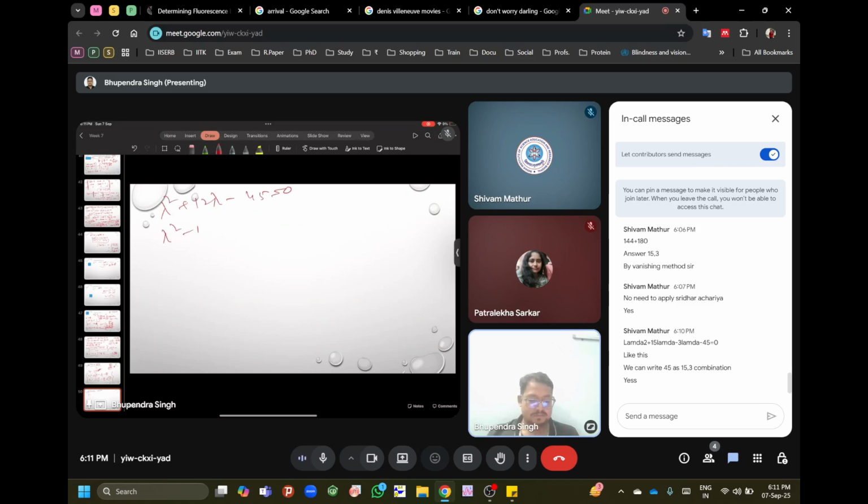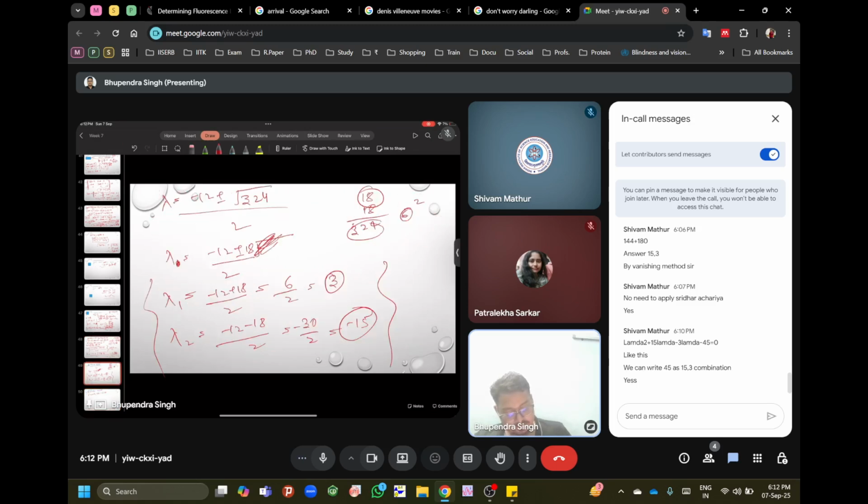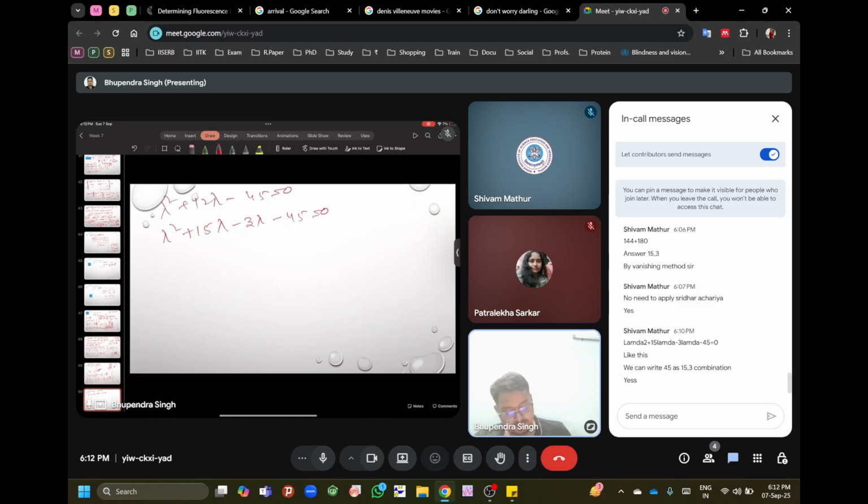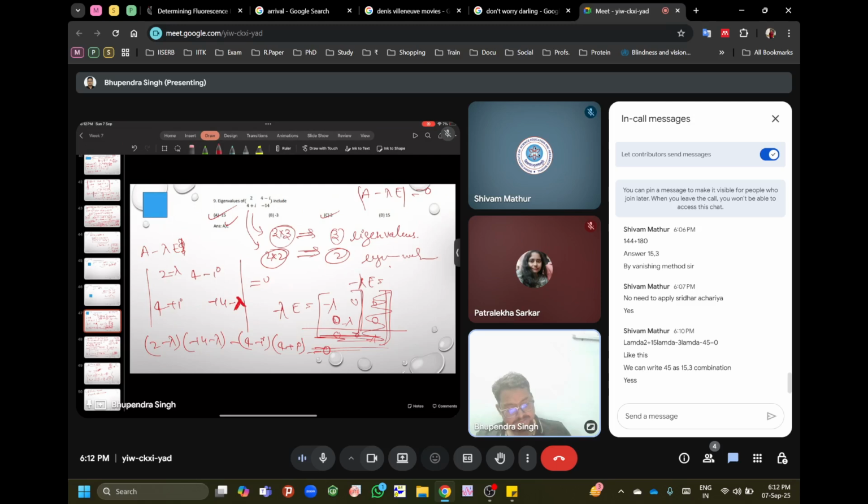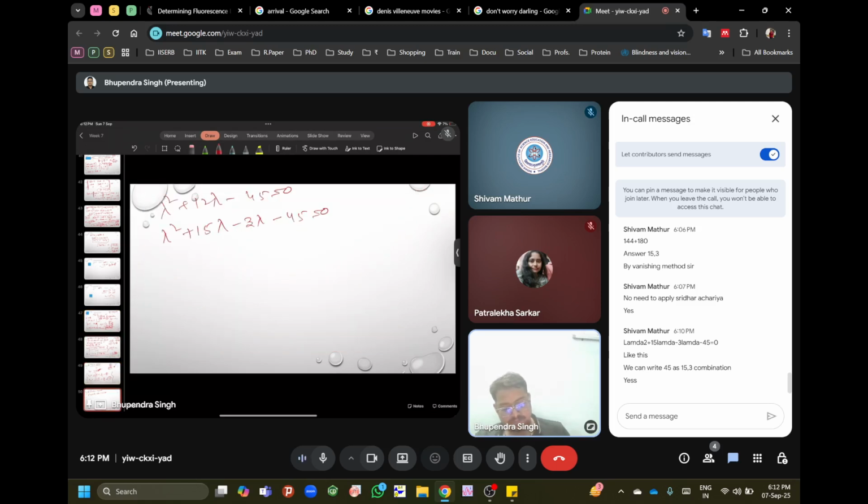So lambda square minus 3 lambda plus 15 lambda minus 45 equal to 0. Then the answer will be minus 15 and 3.